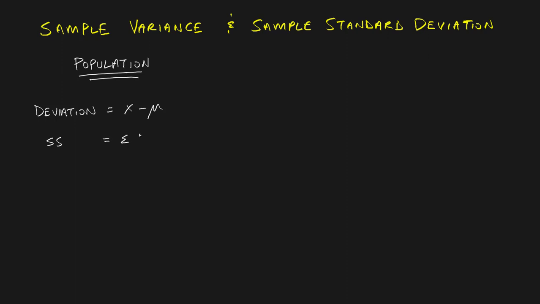And then when I found my sum of squared deviations, all that we were doing there was just summing up those deviations. So again, I'm using the population mean. We then carried on to find the variance. The variance was written as sigma squared, and this is the sum of squares over the population size.